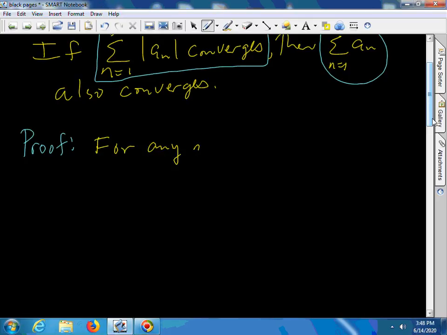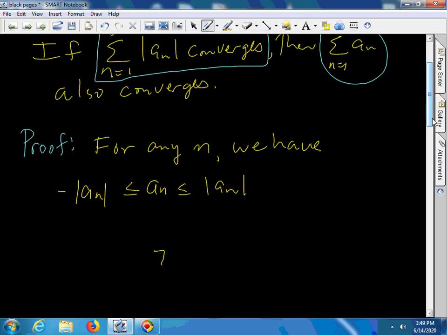for any n, we have the following. That a sub n is in between negative the absolute value of a sub n and positive the absolute value of a sub n. Why? Because it equals one of them.